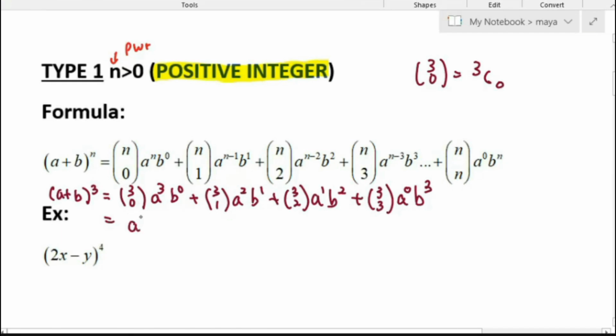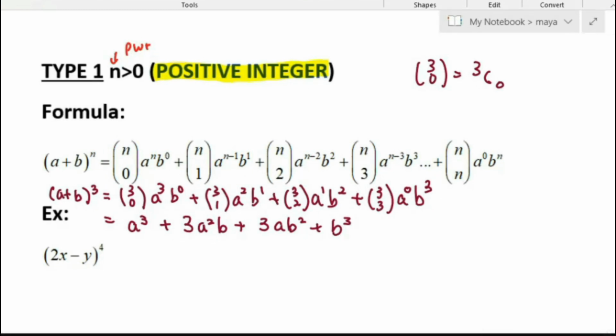So this coefficient here is 1. So it becomes a cubed, and b^0 is also 1. Plus here 3C1. So you see this is 3a squared b. For this one, 3C2, also 3. And then 3C3, 1.